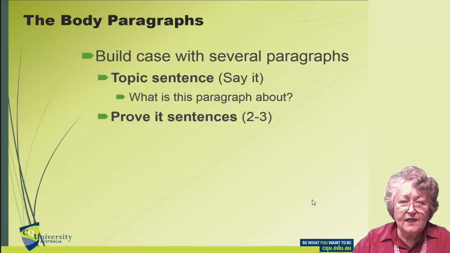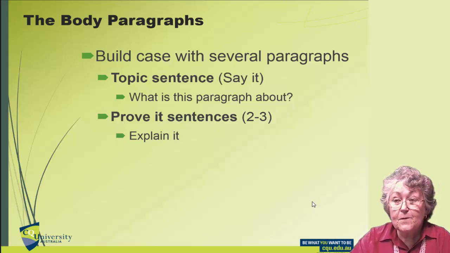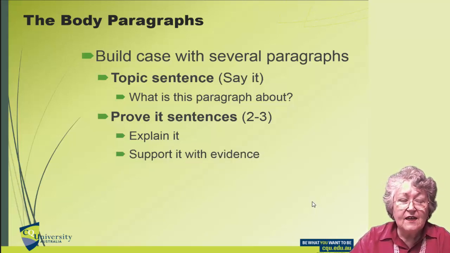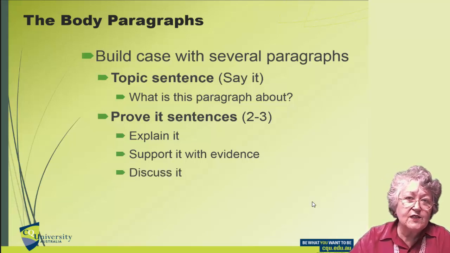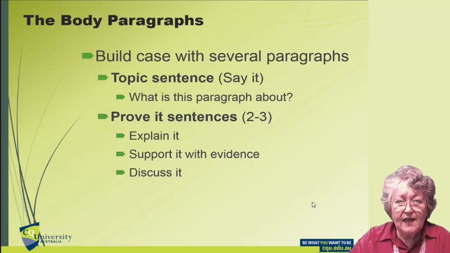And then you put in some prove-it sentences. Now, you can usually have 2 or 3, you can have more, but the prove-it sentences are all about explaining what the topic sentence is about, in other words, expanding on it, supporting it with evidence, that is, giving examples and referencing it, and also discussing it. So maybe you've got a number of people who disagree in your readings, so you might need to bring those ideas up.